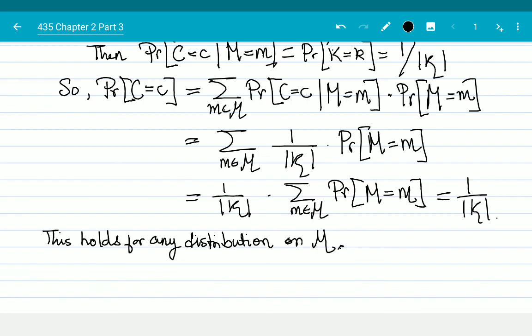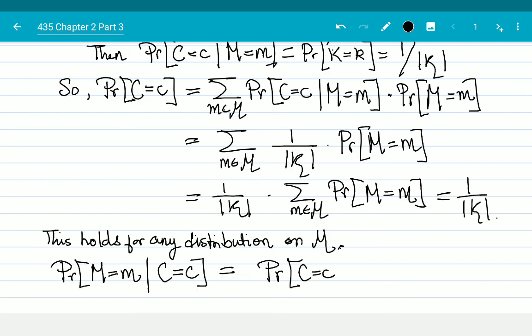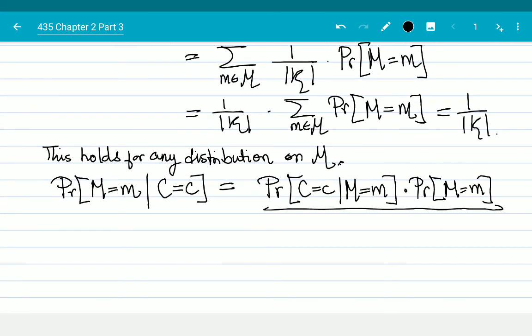And therefore, for any distribution, the probability that the message is equal to m, if you know that the ciphertext is equal to c, is, from Bayes' theorem, the probability that the ciphertext is c given the message is m, times the probability that the message is m, all over the probability that the ciphertext is c. Well, we have already calculated both of these to be 1 over K. K inverse, sorry.